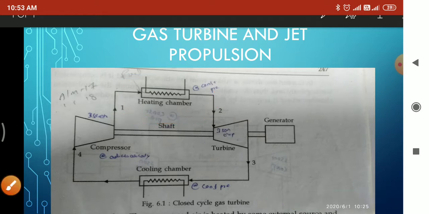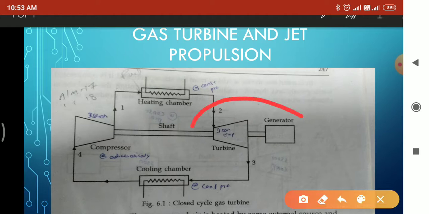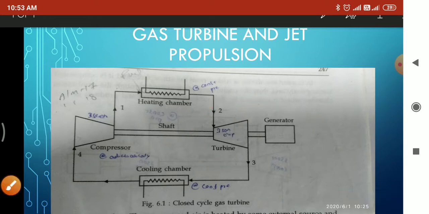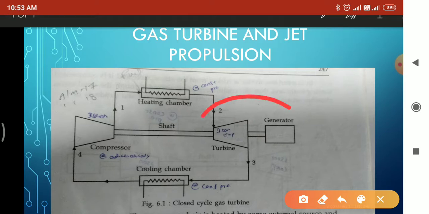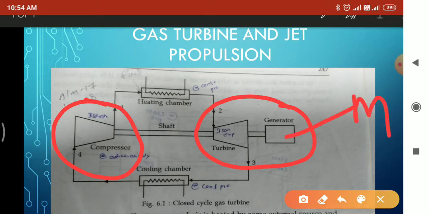And the generator converts mechanical work into electrical power. So how much power is developed by using this turbine? The major part of the power is used to run this compressor, and the remaining power is used to do external work, or we can say mechanical work.